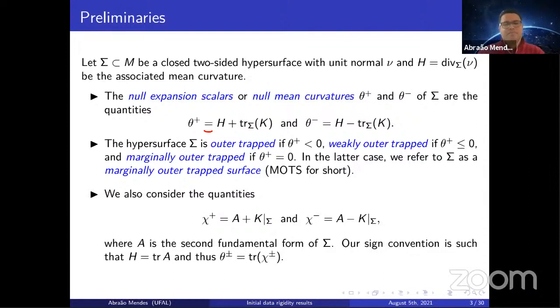In this case, theta plus, the null mean curvature, equals the trace of chi plus, and theta minus is the trace of chi minus.